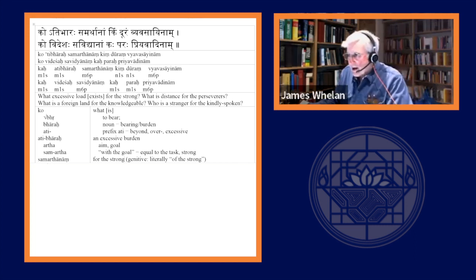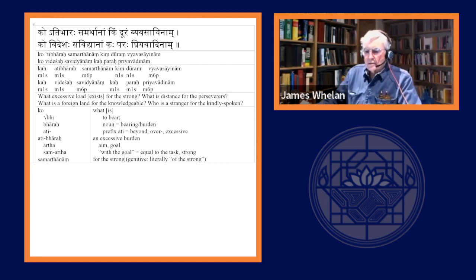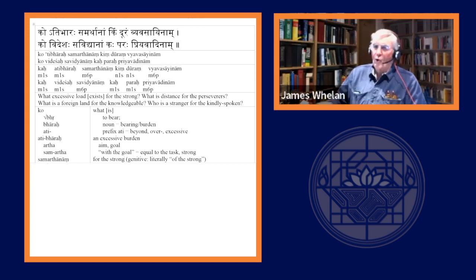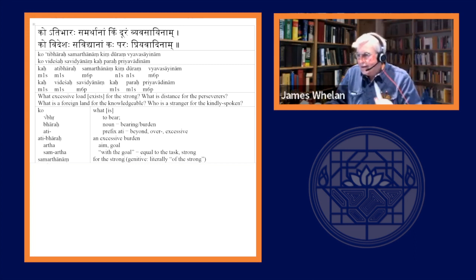Kotibhara samarthanam. When in English we say something is too big for me, and so on, in Sanskrit you would use the genitive there. If it's difficult for me, in English we'd say, in Sanskrit you'd say it's difficult of me.